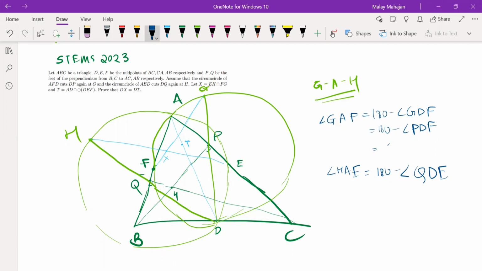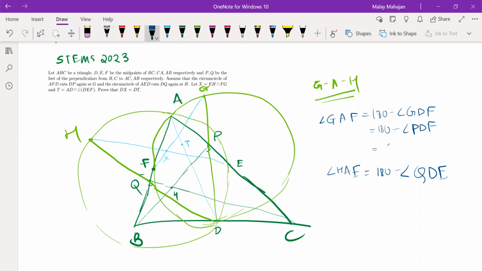And if we want this to be collinear, we want the sum of these to be 180 plus A. And this should be computable because DF is parallel to AC.